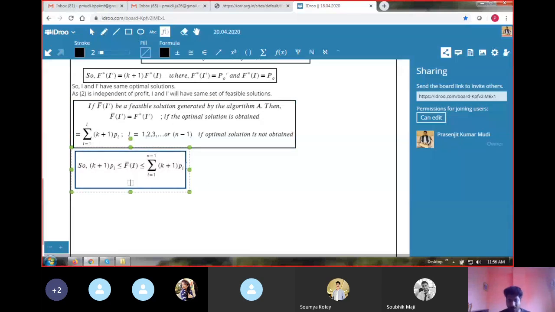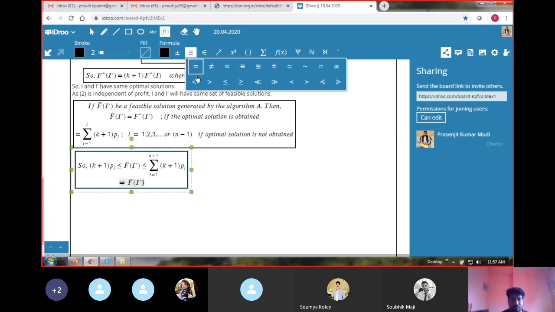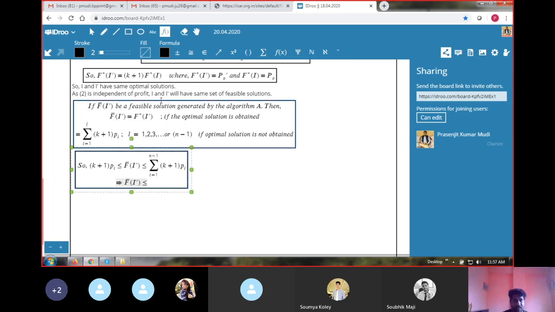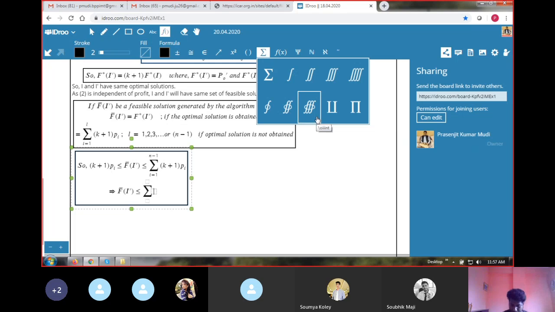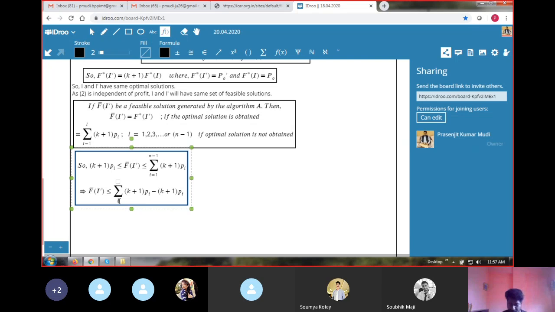So we take the right hand inequality: f bar I dash is less than or equal to this summation over k plus 1 into pi, minus, and this is i equal to 1 to n.